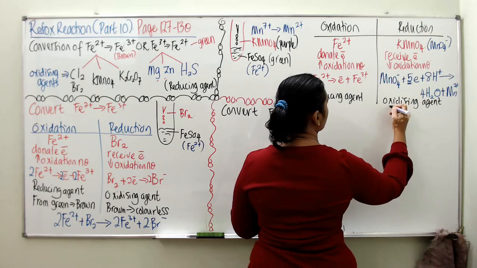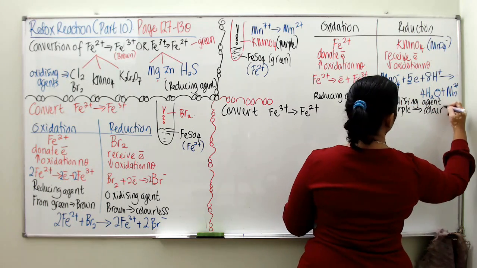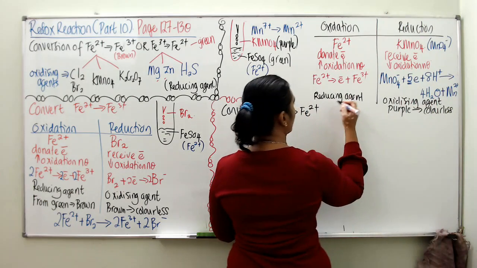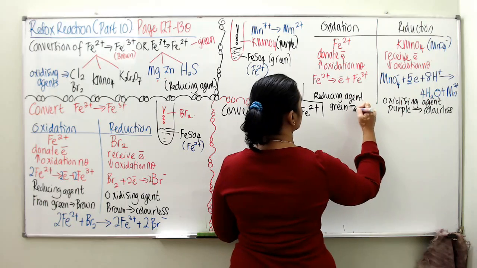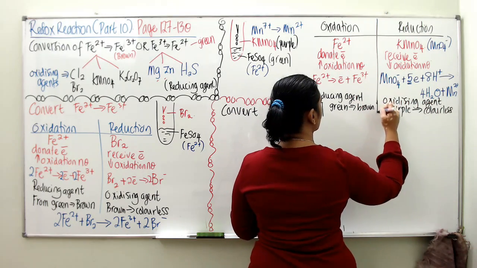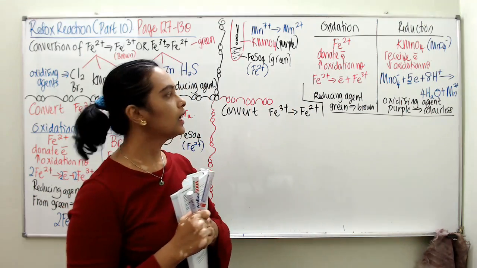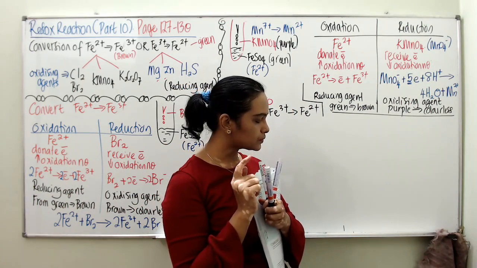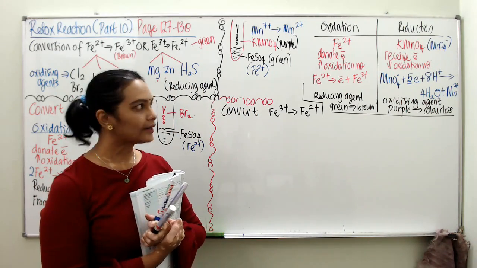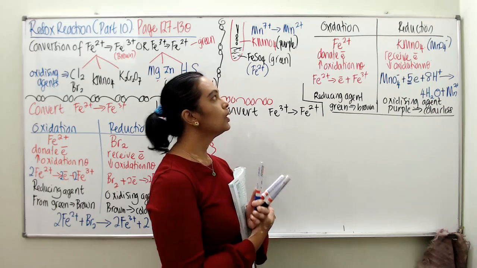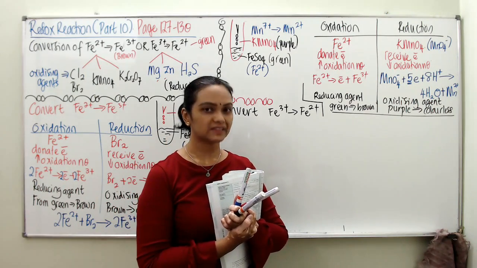You can find the purple changing colors, and here you can find green changing into brown. So green changing into brown. This is how you write down the discussion regarding the redox reaction when you are using an example of an oxidizing agent called acidified potassium manganate 7.